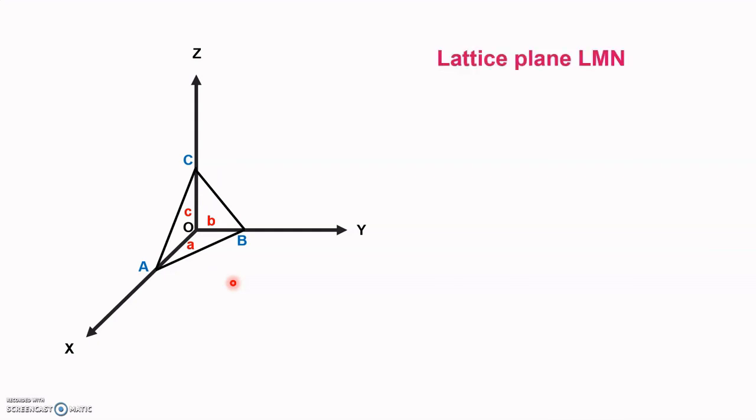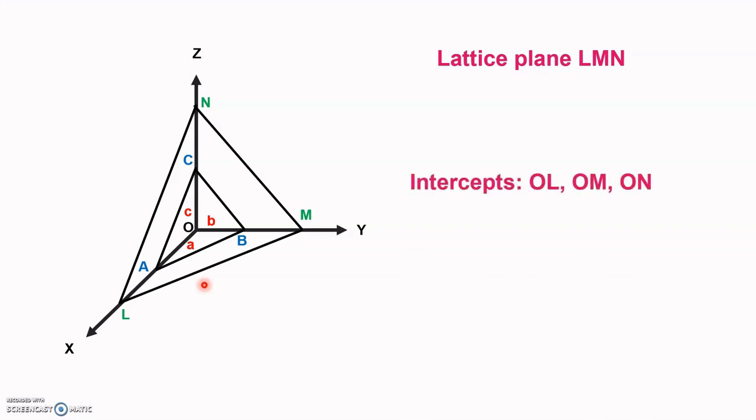Now consider a lattice plane LMN in a crystal. The faces of the complete crystal will be parallel to this plane. This plane has the intercepts OL, OM and ON.